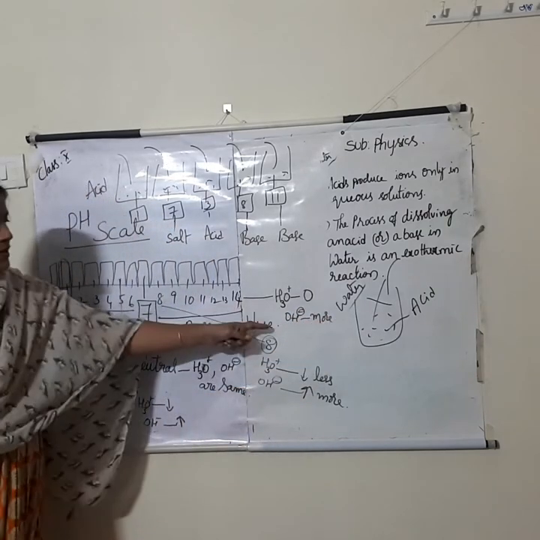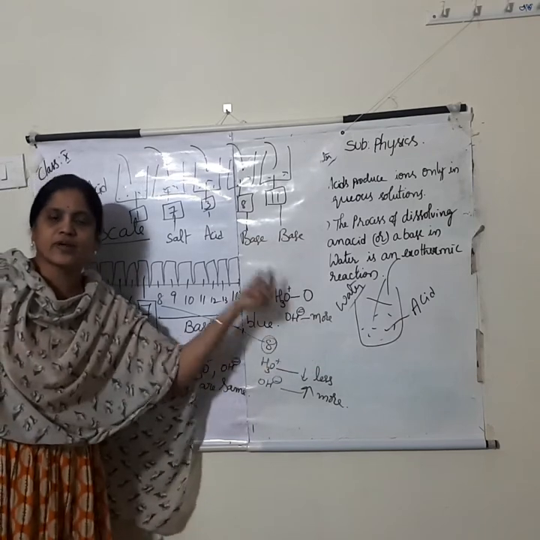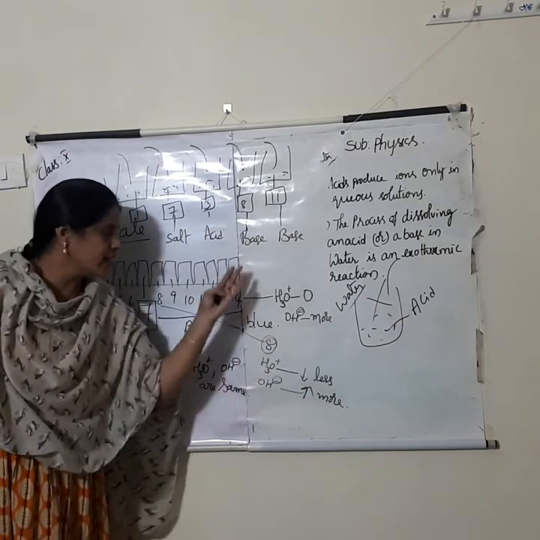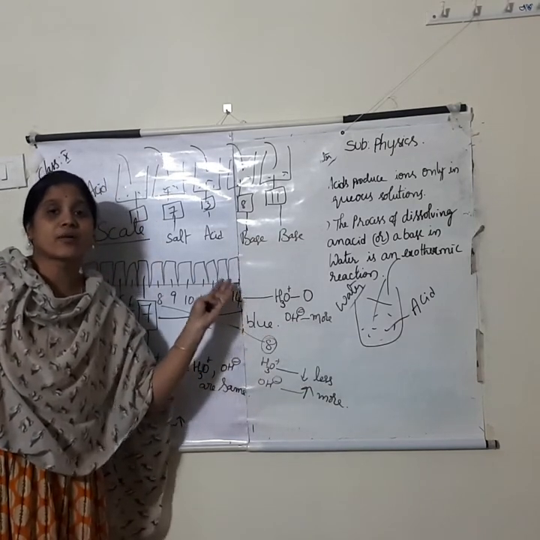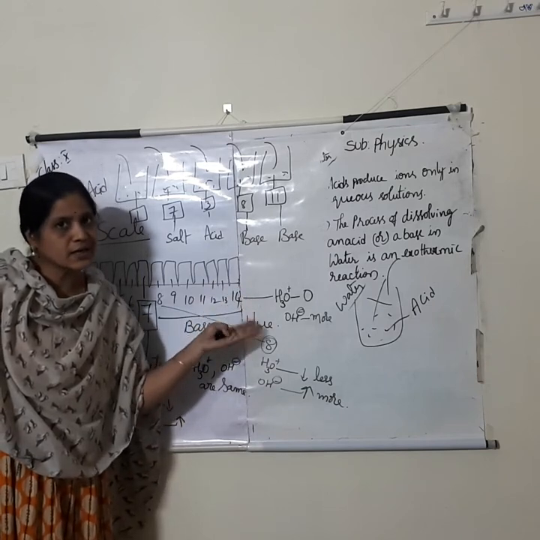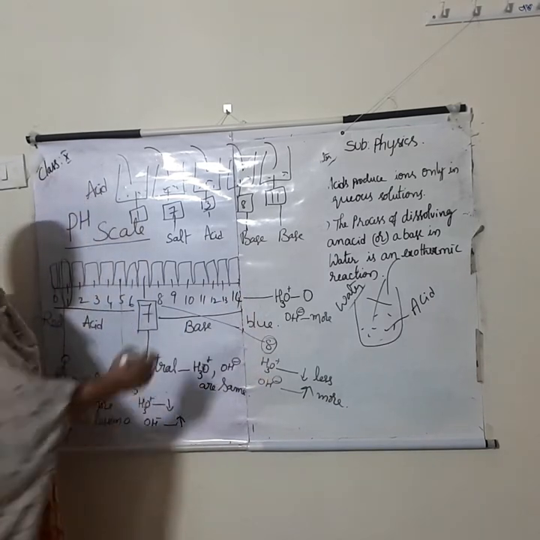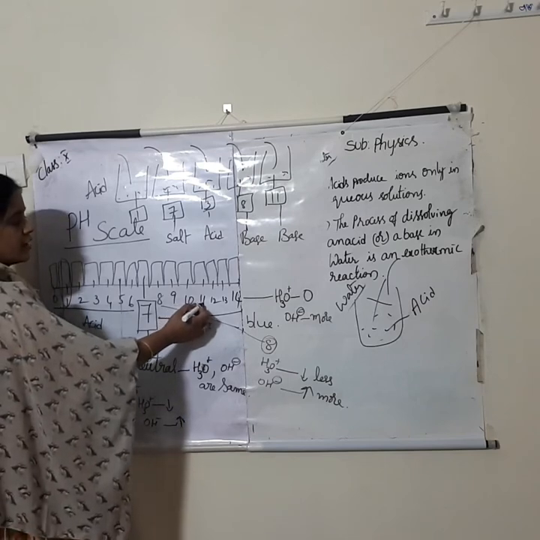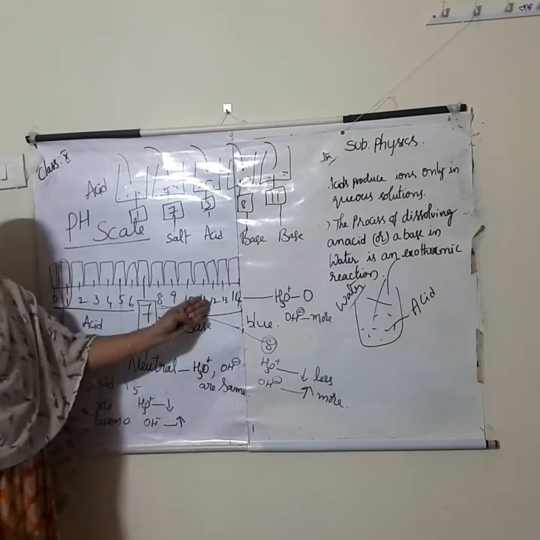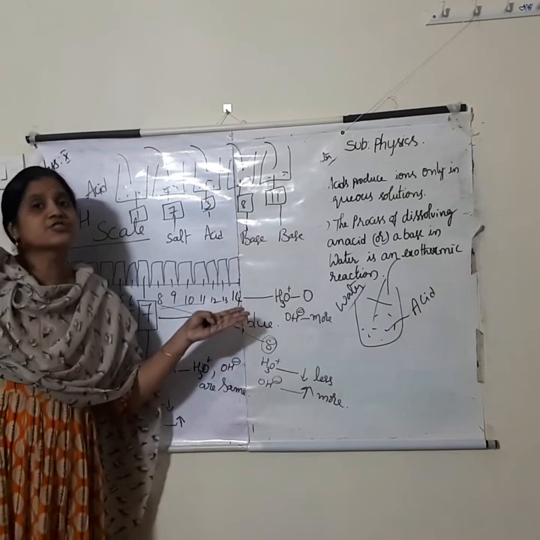So when you compare this, which are more? OH-. When OH- ions are more, then it comes under strong base. From 8 to 10 or 11, it comes under weak base. From 12 to 14, it comes under strong base.